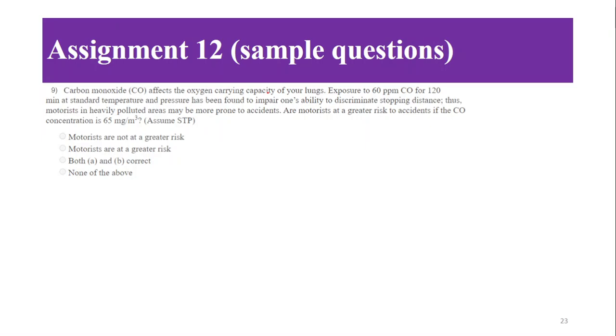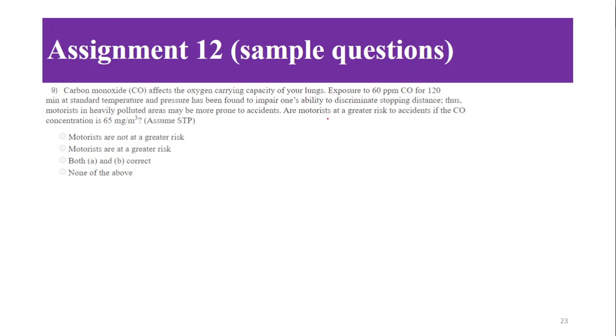Are motorists at a greater risk of accidents if the CO concentration is 65 milligram per meter cube? Assume STP. So here we are given the maximum limit for the exposure to carbon monoxide. So this is 60 ppm. And the current concentration of the carbon monoxide in air is also given.